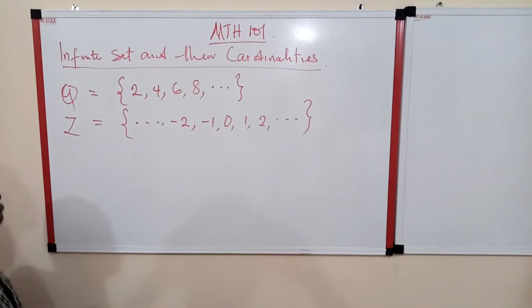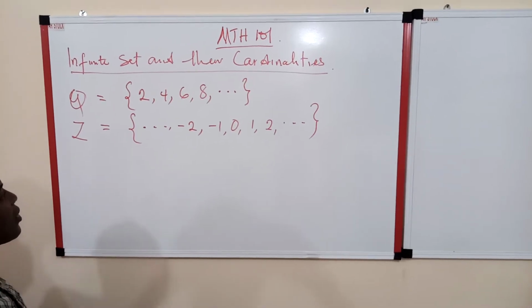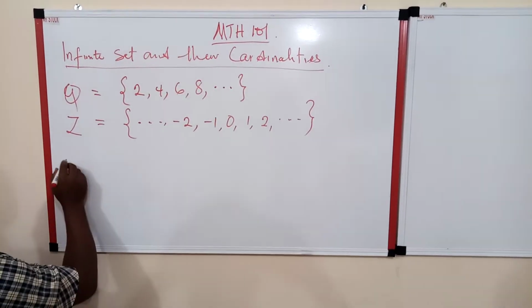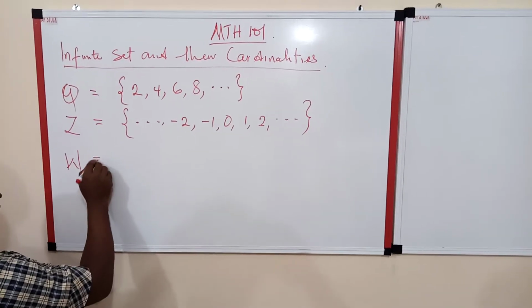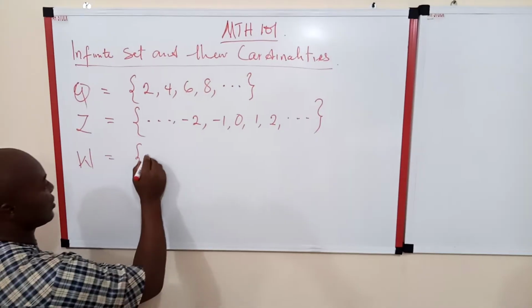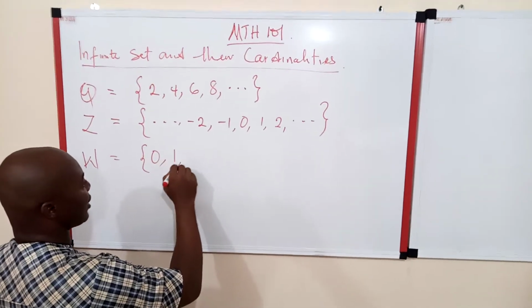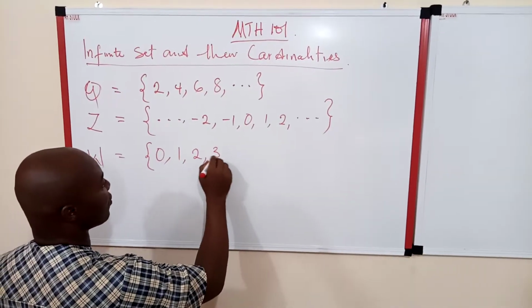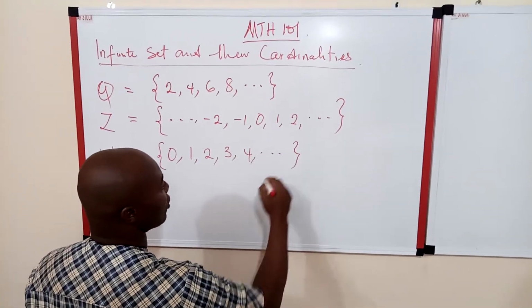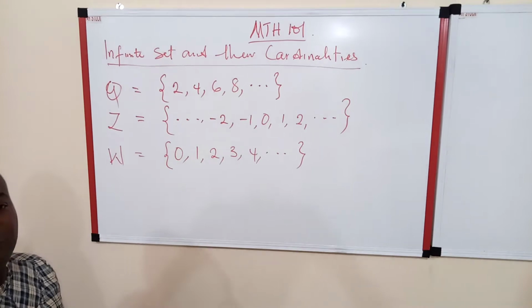Let's also consider another set, the set of whole numbers, and let's use W to denote that. These include 1, 2, 3, 4, and on we go, because it also tends to infinity.